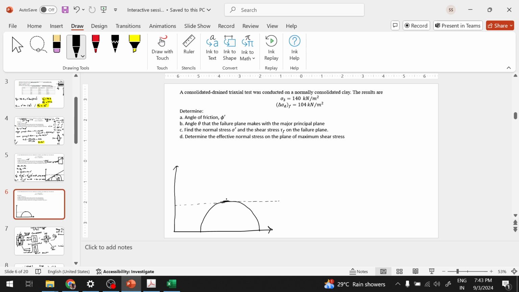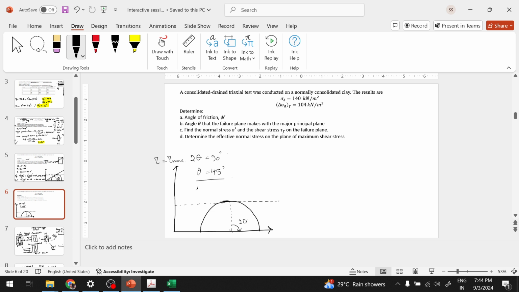If this is the tau we are talking about, and this is the radius, what do you think that 2 theta will be? In this case, for tau max, 2 theta will be 90 degrees. Theta will be 45 degrees.